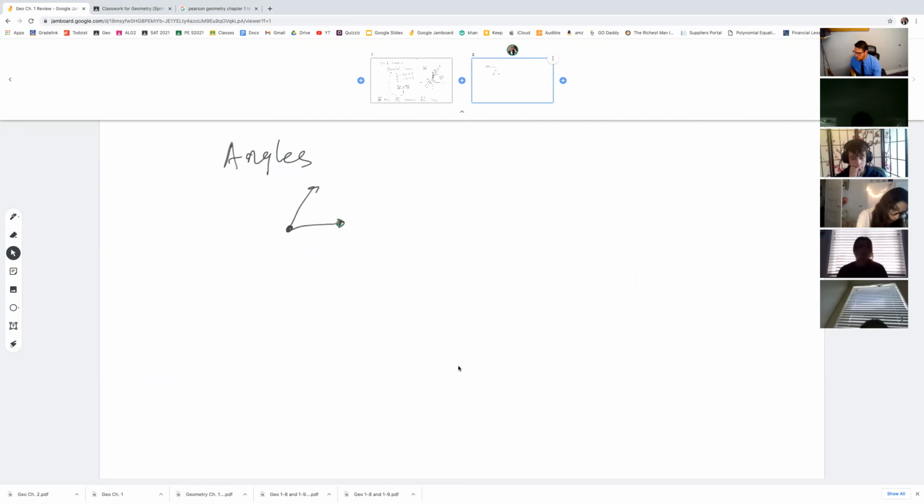Okay, so less than 90 degrees equals acute. Greater than 90 degrees. So in math, this is how we would write this. The x is greater than 90 degrees, but less than 180 degrees.